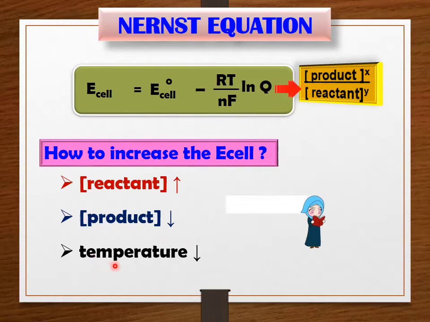And the last one, if we decrease the temperature, the cell potential will increase. These are some tips you can use to answer if the question asks how to increase the cell potential of the reaction.